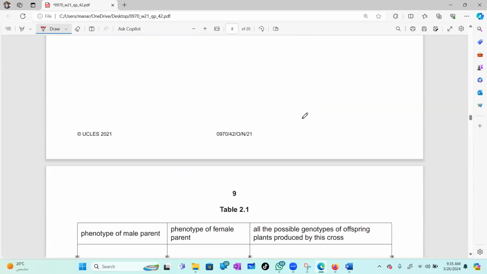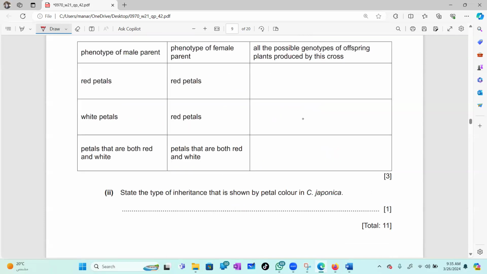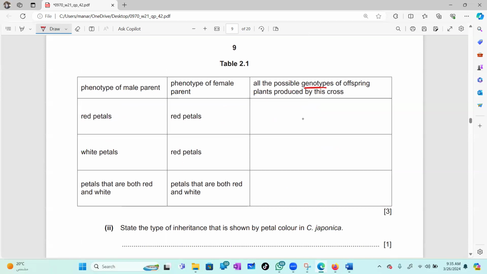Okay, now let's look at the genotype of the parents. And genotype means the genetic makeup of the gene in terms of the alleles present, not the phenotype. If both parents are red, what are the genotypes of both parents? Any parent that is red, what will be the only possible genotype? We said red is dominant and also white is dominant. But this parent is all red.